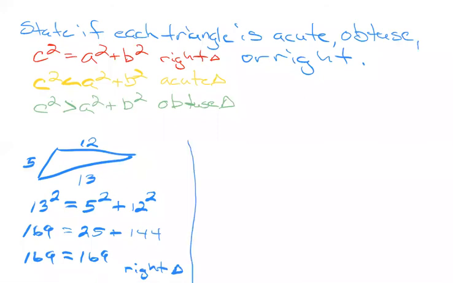Let's do another one. Suppose it's 5 here, 10 here, and 13 here. Same steps apply. You take the largest one, you square it, and I should have actually, to be honest with you, when you're doing this, we don't know if it's going to equal.